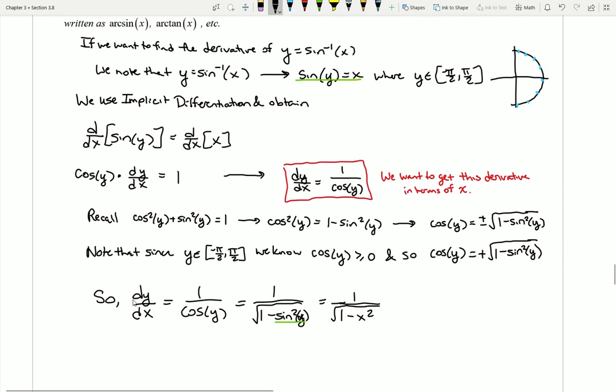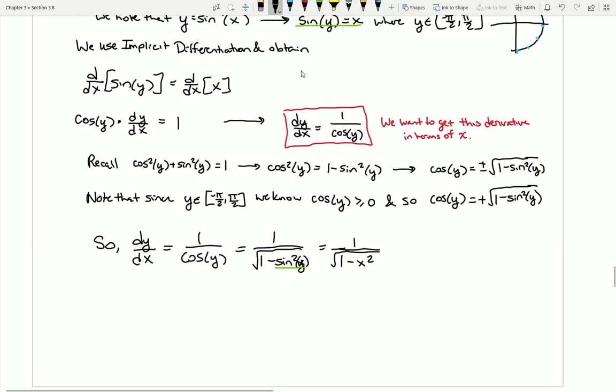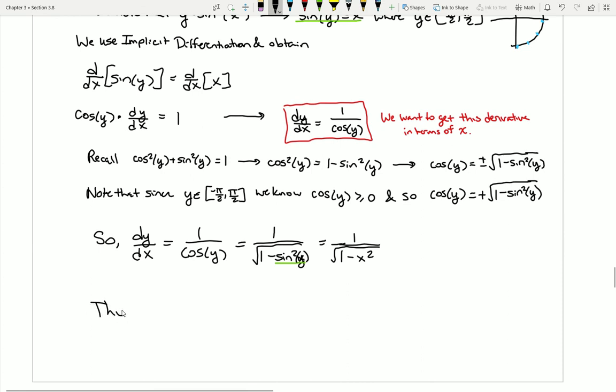And so I have that the derivative with respect to x of my inverse sine function ends up being 1 over the square root of 1 minus x squared.